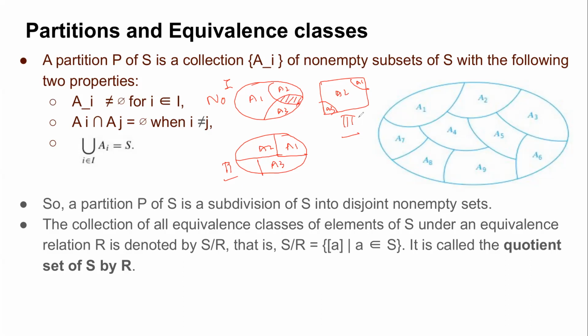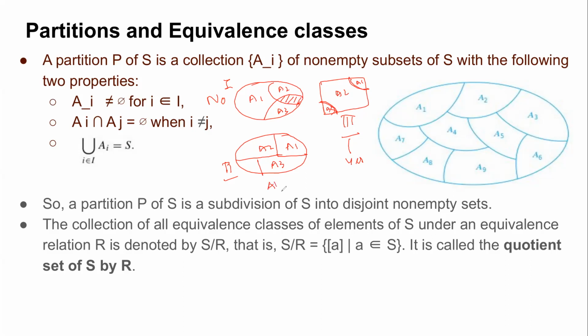What about figure 3? Figure 3 is valid, right? Because there are three partitions and none of them are overlapping. A3 is this, A2 is this, and A1 is this, and their union gives you the set. What about the last one?